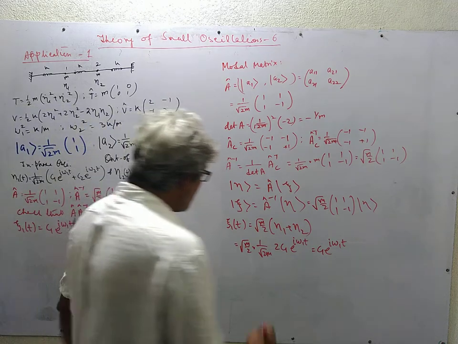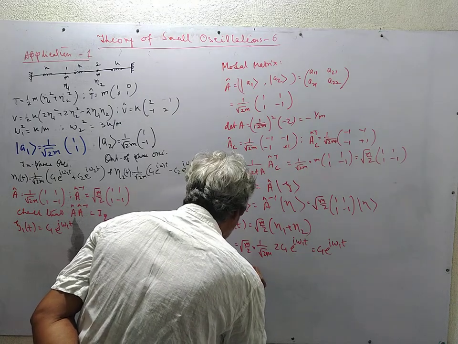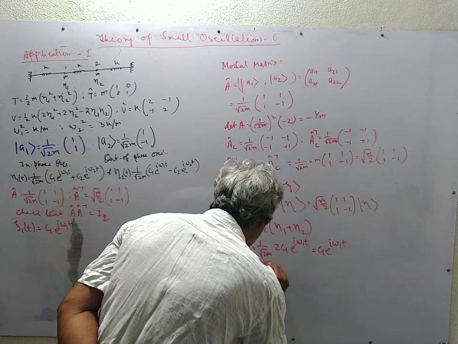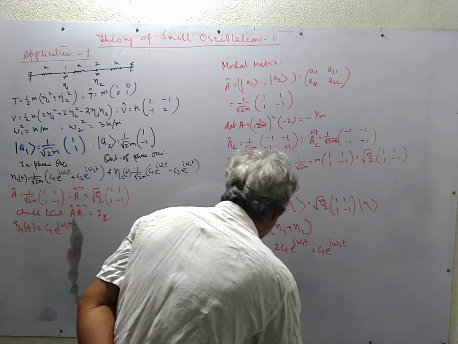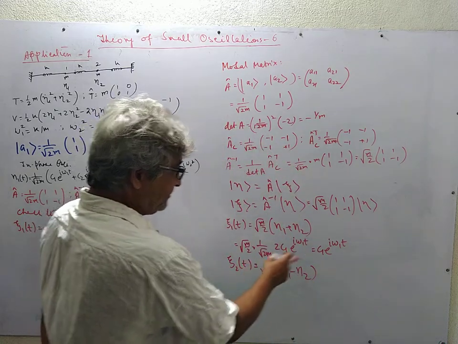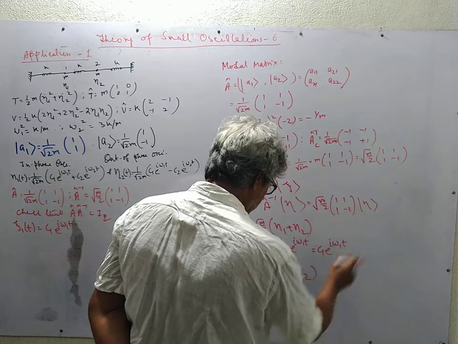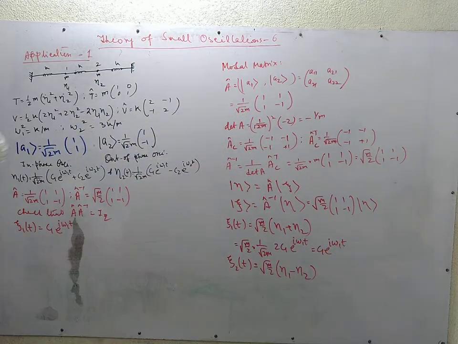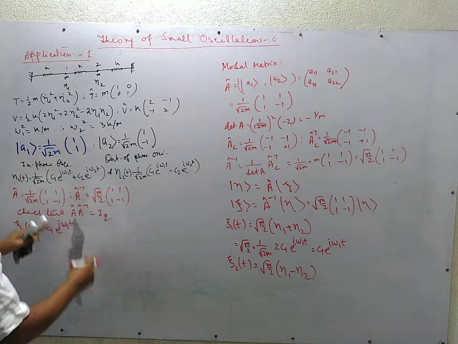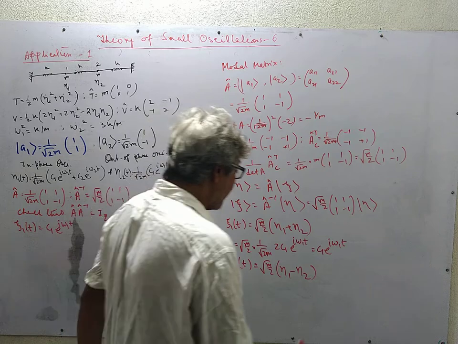Similarly, eta 2 is m by 2 times eta 1 minus eta 2, because this is 1 into eta 1 minus 1 into eta 2. So this is this minus this. So the C1 term cancels out and the C2 term comes with a factor 2.